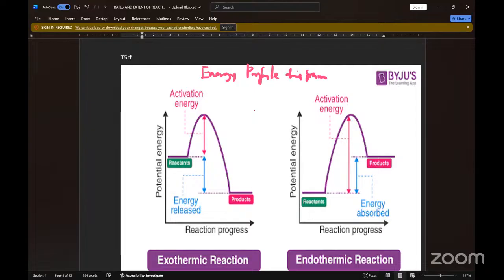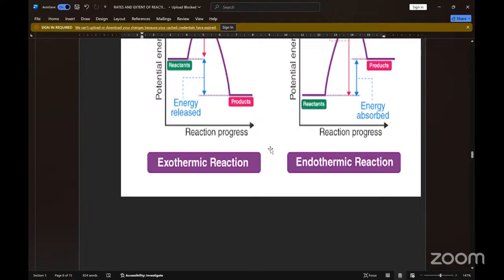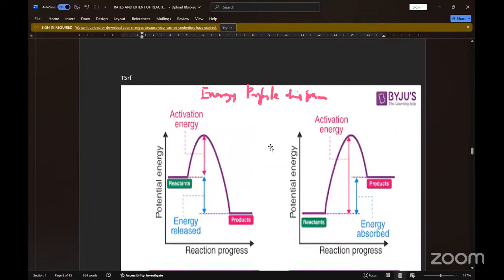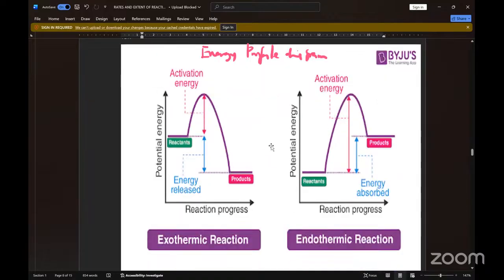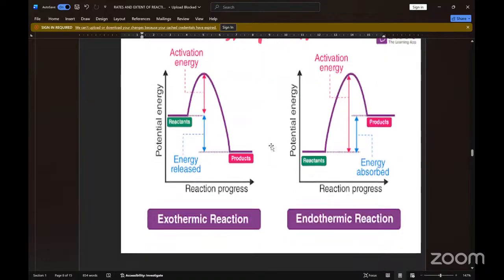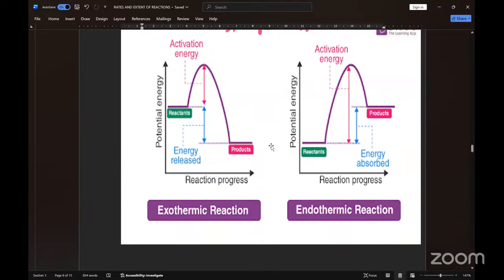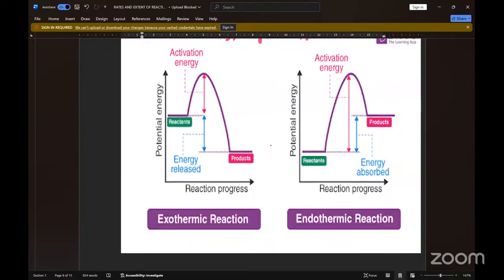Now, there's a separate energy profile diagram for an exothermic and an endothermic reaction, and I'm going to explain this again. You did this in grade 11, but for purposes of revision, let's go through it. On the vertical axis, or the y-axis, you have what we call potential energy, the same potential energy that I was talking about with respect to this JoJo tank.